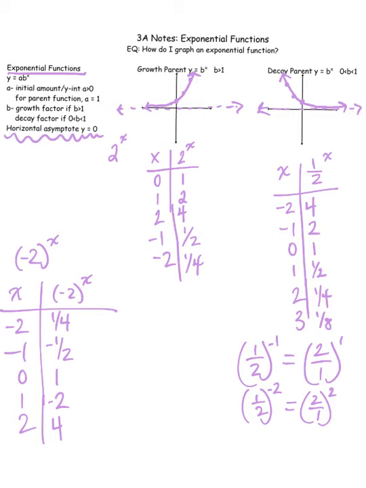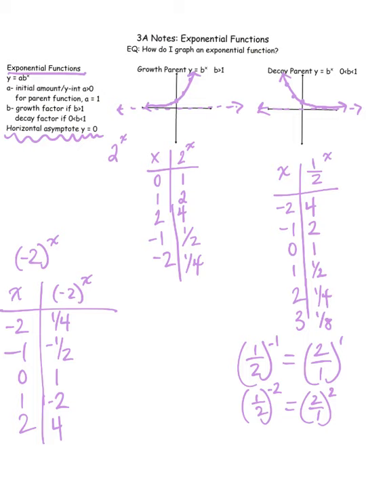This creates an issue for us because we have positive to negative to positive to negative, lots of jumping up and down here. Also, we would create a lot of holes in these graphs depending on what your base value is. So we are not going to be doing any negative bases.